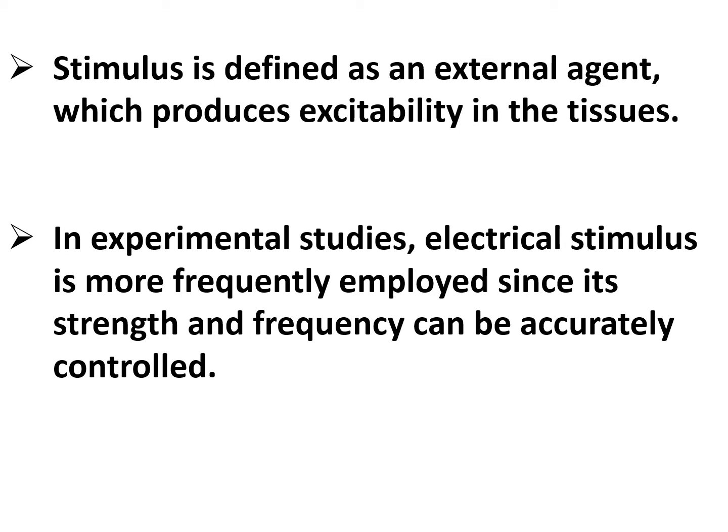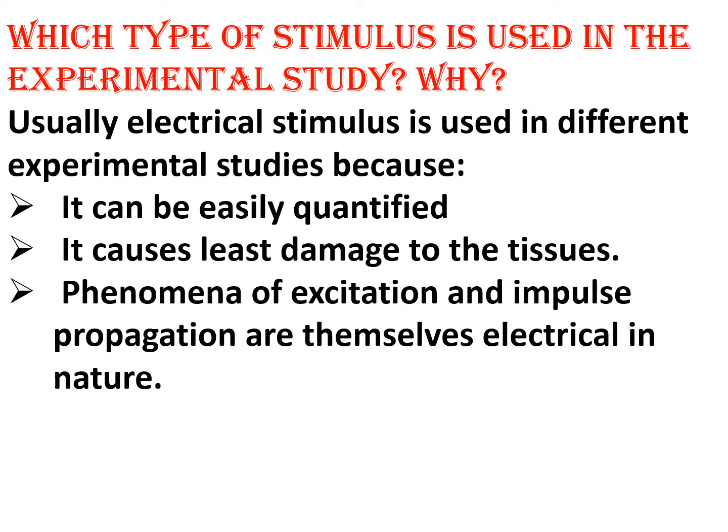There are different types of stimulus like mechanical, thermal, chemical or electrical. And in experimental studies, we use electrical stimulus. Why? Because its strength and frequency can be accurately controlled. Which type of stimulus is used in experimental study, and why? This is a very frequently asked question in viva.